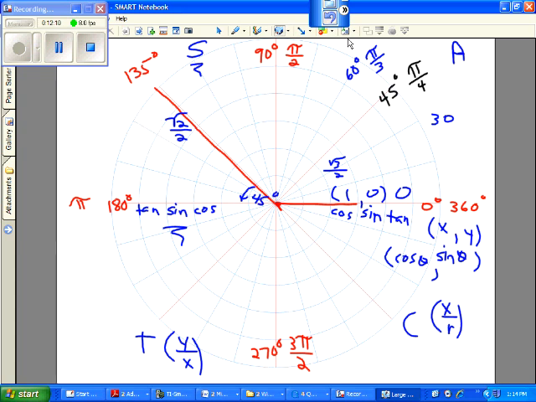I said sine. It's positive. Sorry. Thank you. Tangent is a negative 1. That's correct. So the sine of 45 is square root 2 over 2. Sine is positive in quadrant 2, so it's a positive square root 2 over 2. You'll see how we're using our reference angles. Okay?